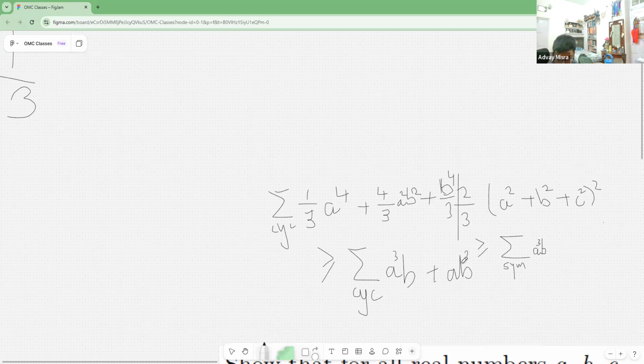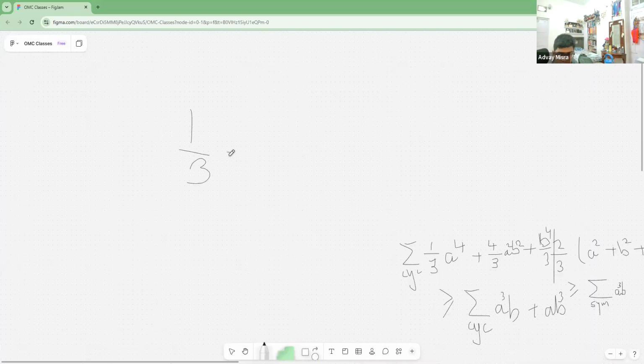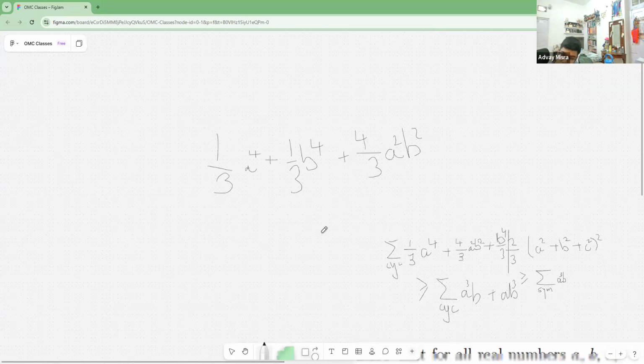So now if we can do this two variable inequality, that this is greater than or equal to a cube b plus a b cube, then we would be done, right?